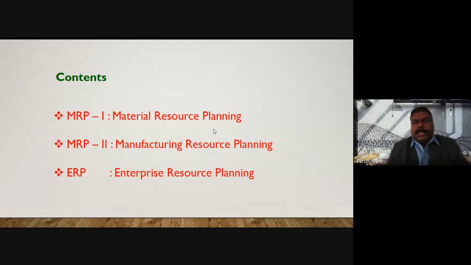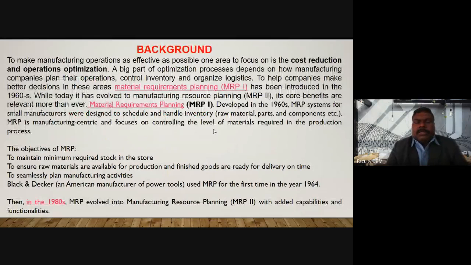Today's contents are MRP1, that is material requirement planning, MRP2, manufacturing resource planning, and enterprise resource planning. First, we see what is material requirement planning. This is how you plan the materials to make manufacturing operations as effective as possible. One area to focus on is cost reduction and operations optimization.